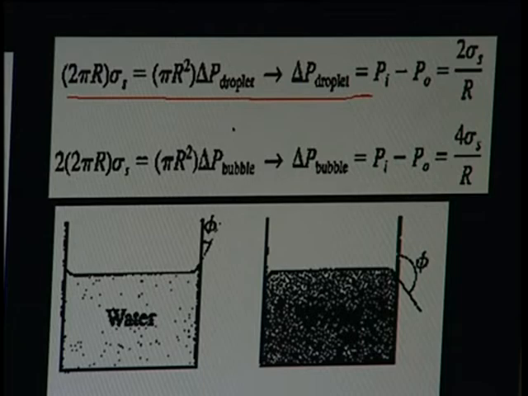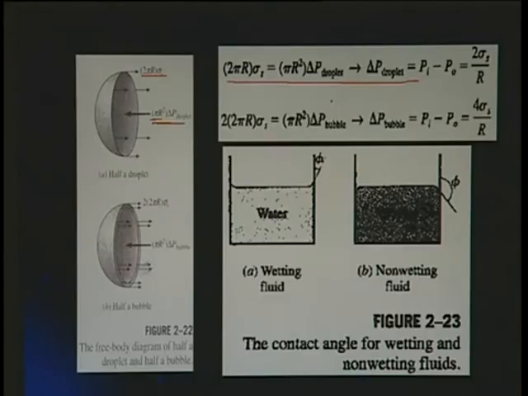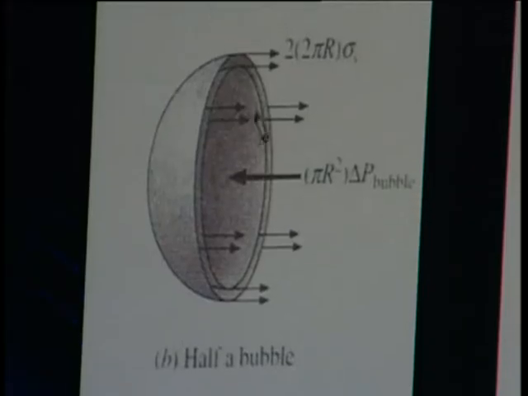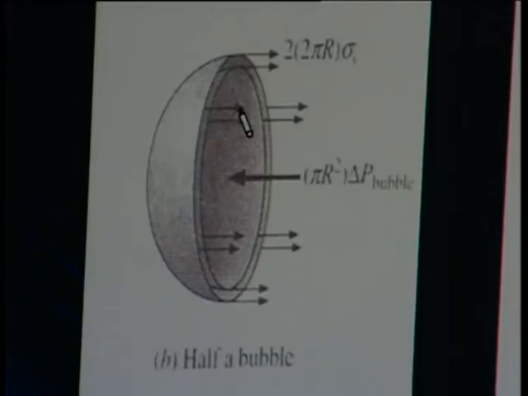Now, we have this figure. In this figure, we have a bubble. A bubble means it has air inside the surface, and air outside the surface. So, the innermost layer will also be subjected to surface tension and the outermost layer will also be subjected to surface tension.